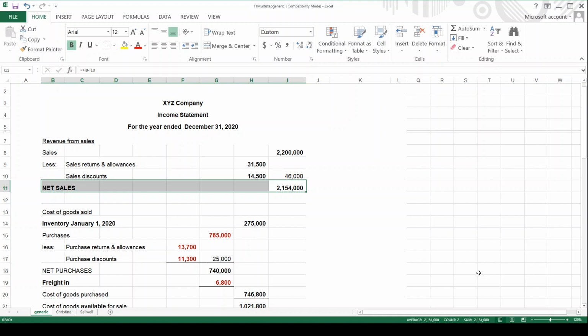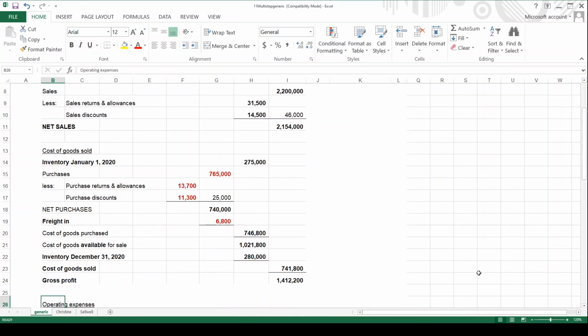Now, regardless whether you're using periodic or perpetual system, this area would basically look the same. And the second section would not look the same. Again, this is the periodic system. So the second section is the cost of goods sold section. And we started the year with $275,000 worth of merchandise.